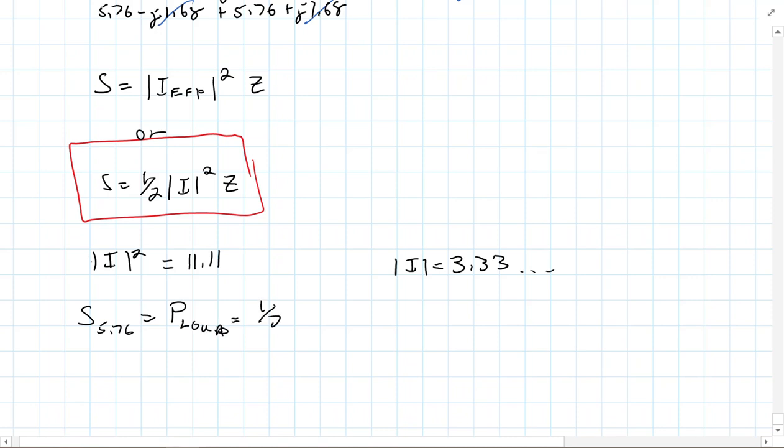would be 1/2 times 11.11. Looks like it's a bunch of 11s. I don't know why I put that in absolute values there. 1/2 times 11.11 times 5.76.